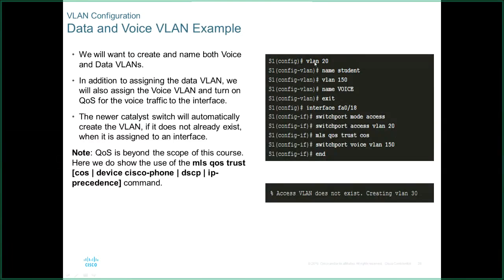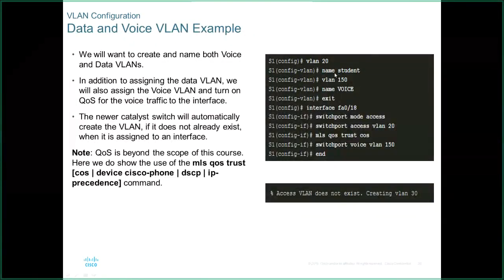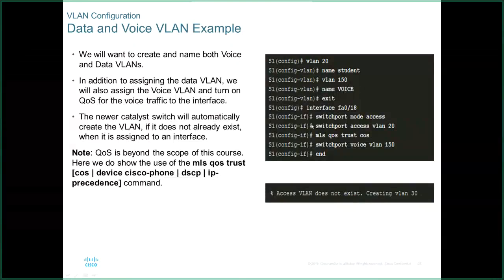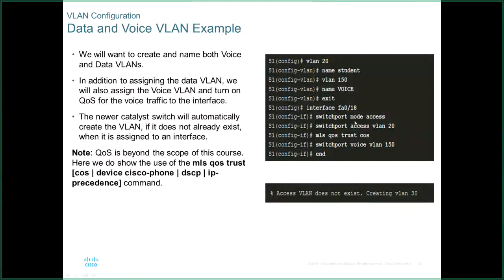So we create the student VLAN. Okay, VLAN 20, name student. Then we go VLAN 150, name voice. Go to our interface FastEthernet 0/18, switchport mode access, switchport access vlan 20.